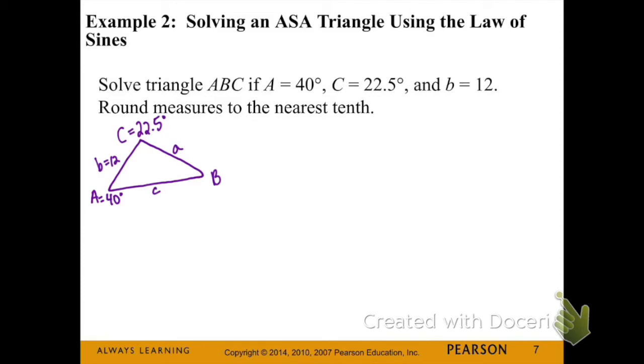The first thing I'm going to solve for is angle B. The reason I'm going with angle B first is because I don't know both of anything. So I don't know both of my A's, I don't know both of my B's, I don't know both my C's. But I know I can find angle B pretty easily by doing 180 minus 22.5 minus 40.